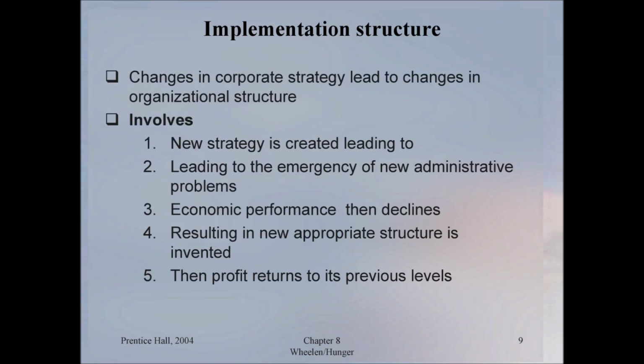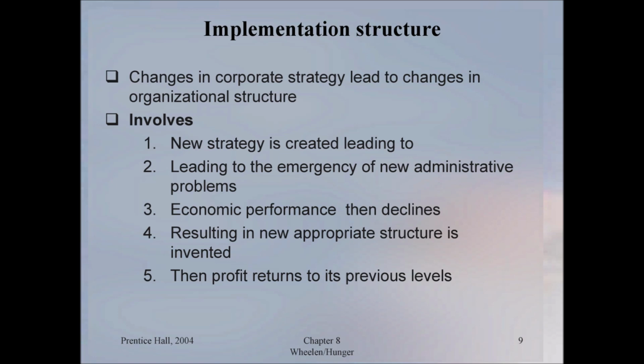Now, another issue you need to be looking at is the implementation structure. In businesses, changes in corporate strategy lead to changes in organizational structure, how we do our things in the business. So a change in strategy means a new strategy, and new administrative problems will emerge. Economic performance might then decrease, and a new appropriate structure is invented.